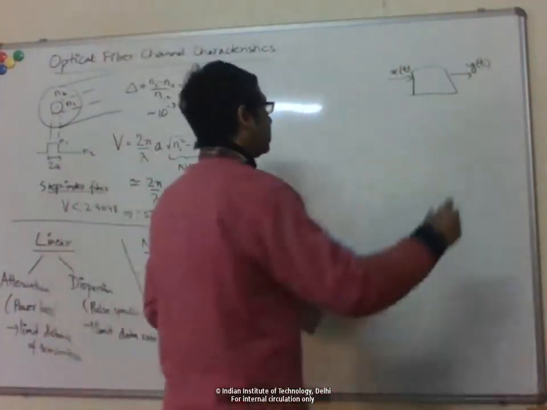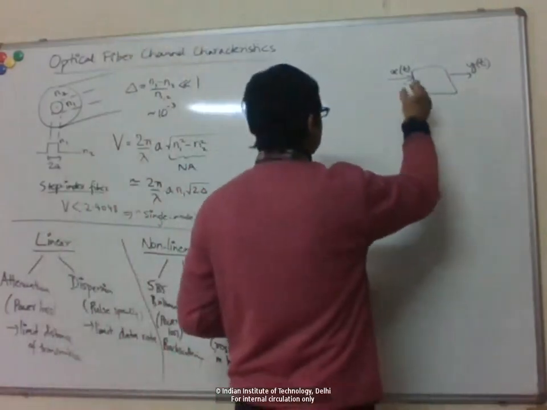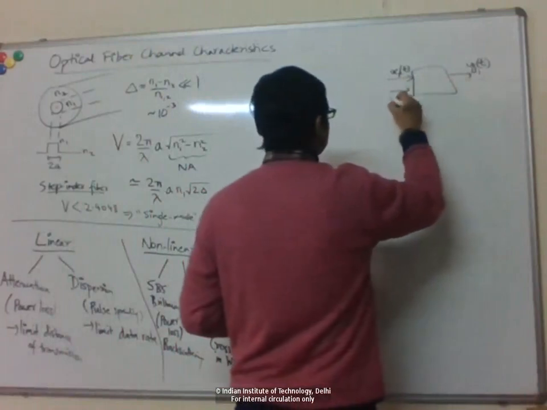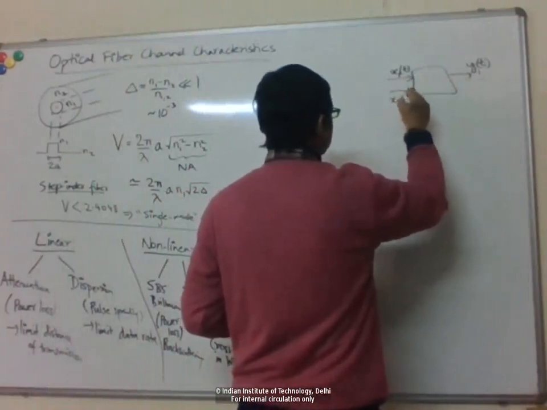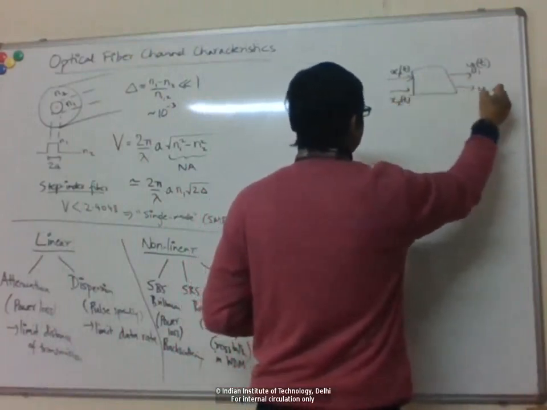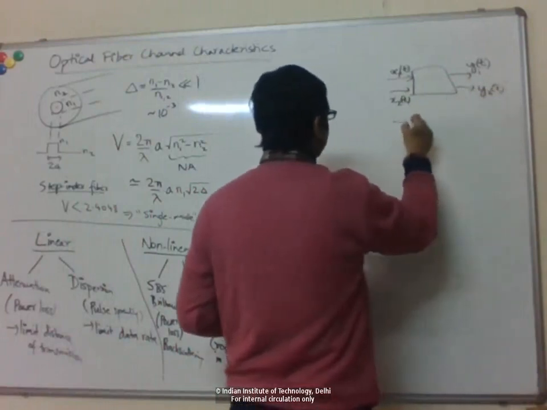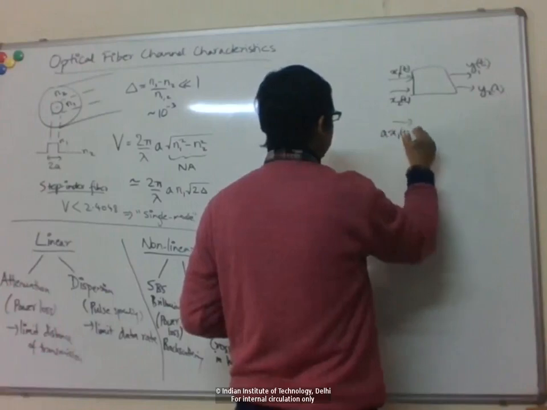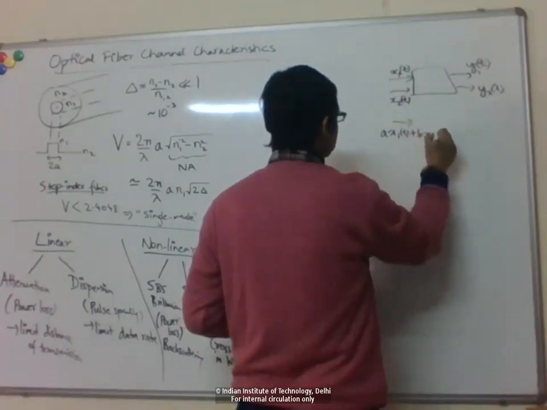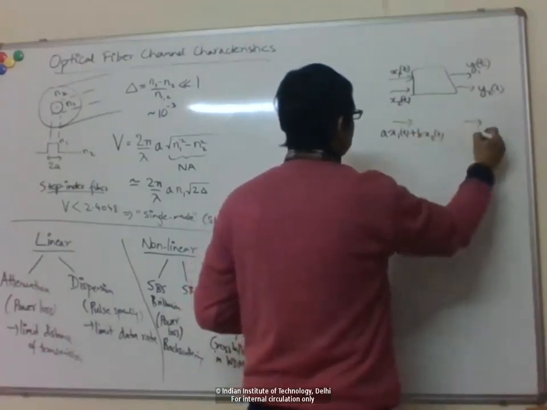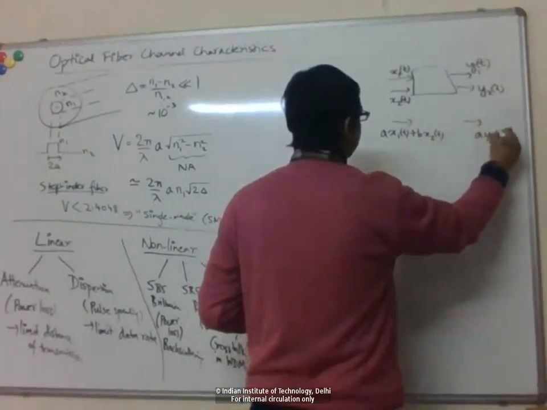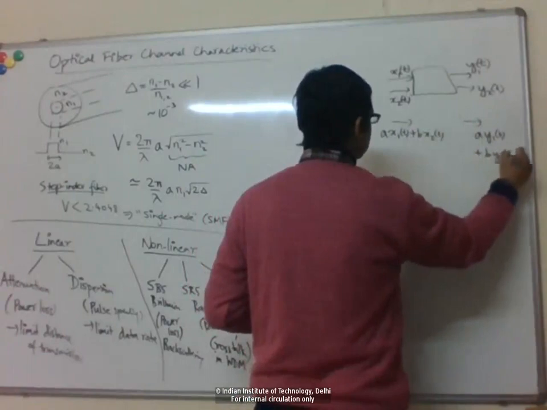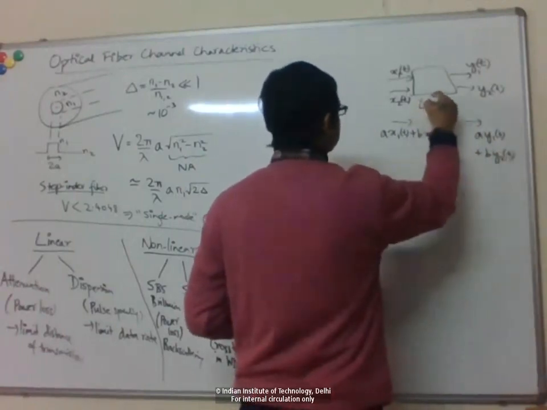A linear system is such that if I give x1, I get y1. If I give x2, some other signal, I get y2 of t. So if I give an input which is some linear combination of x1 and x2, I'll get the linear combination of the individual outputs. Right, so this is a linear system.